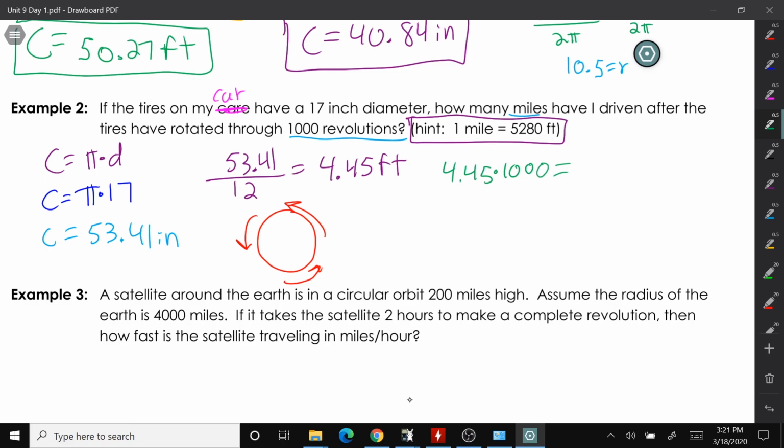And I get 4,450. So that's how many feet I have traveled in 1,000 rotations.